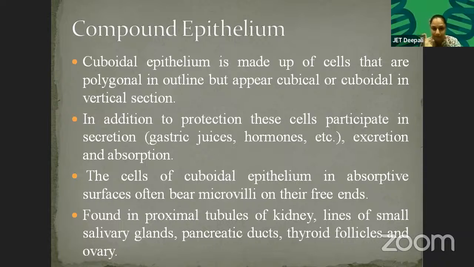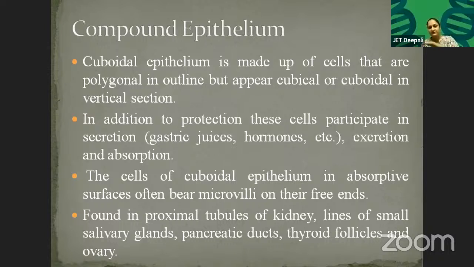The cells of cuboidal epithelium in absorptive surfaces often wear microvilli on their free ends. What is the function of microvilli? Microvilli are like cilia present on the outer surface. They help in absorption by increasing the surface area of absorption. What are the free ends?